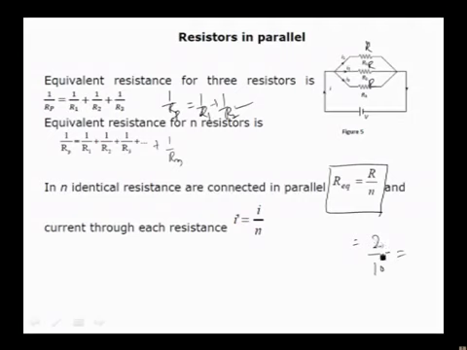If you divide 2 by 10, it gives 0.2 ohm, which is the effective resistance. Similarly, in this case the potential across each resistor is the same, and the current divides. The current in each resistor, I dash, is equal to I divided by n. This is applicable only when all the resistors are equal.